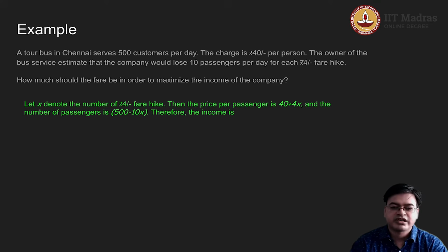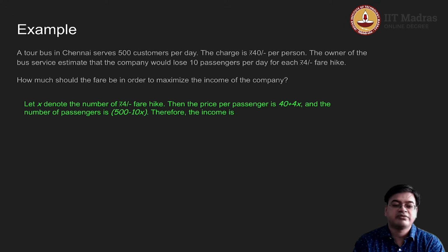Because we are losing 10 passengers per fare hike. What will be the corresponding fare price for the passenger? It will be 40 plus 4x. 40 rupees is the fee that the company is charging per person, and if I hike the fare, it will be 4 times x, charged per person. Now the number of passengers with this hike: if you increase x units, you will lose 10 passengers for every x units increase.